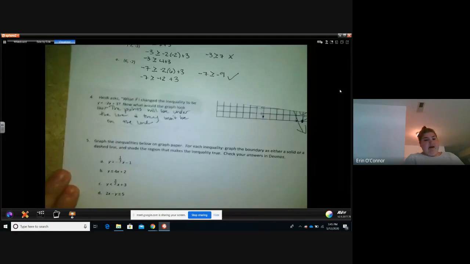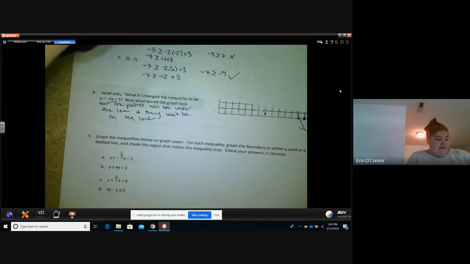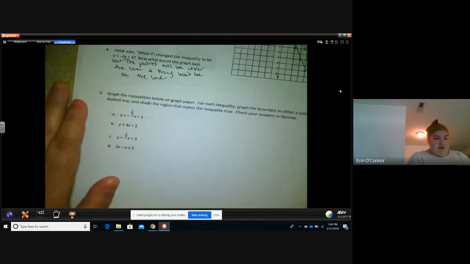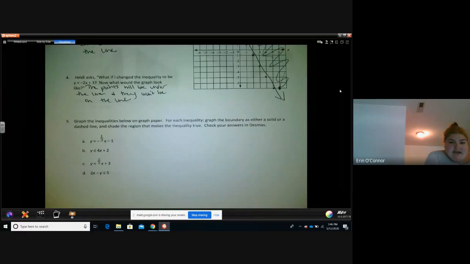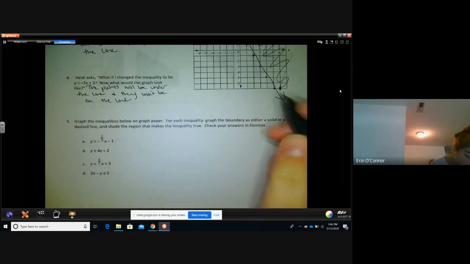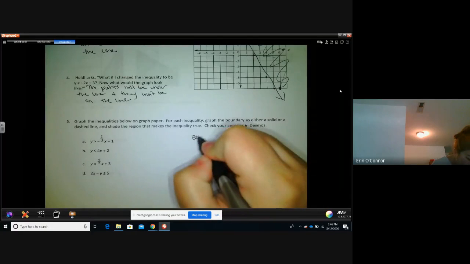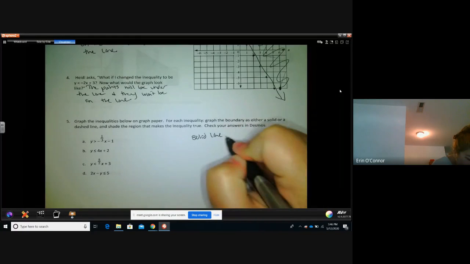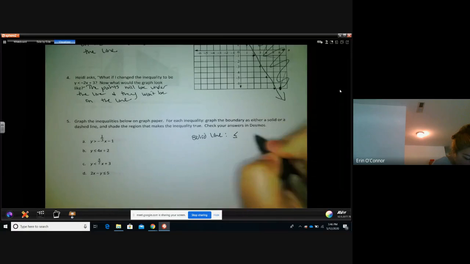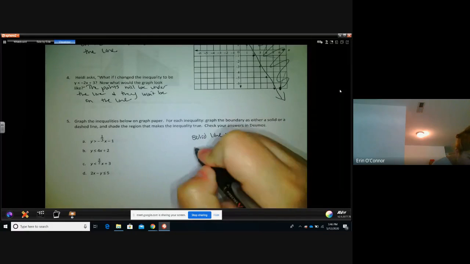So let's look at number 5 and we're going to practice this. It says graph the inequalities below on graph paper. For each inequality, graph the boundary as either a solid or a dashed line and shade the region that makes the inequality true. Check your answers in Desmos. So before we start, when we do this, solid line is for less than or equal to and greater than or equal to.